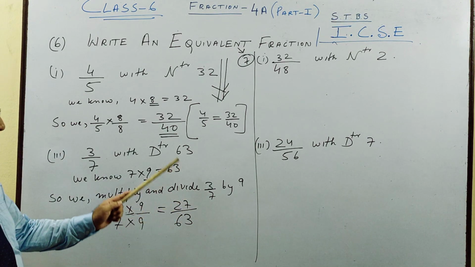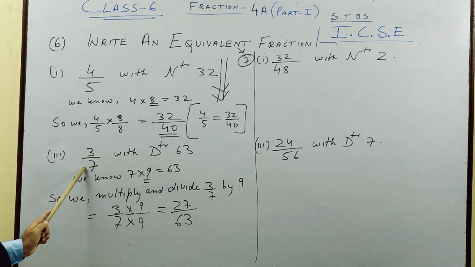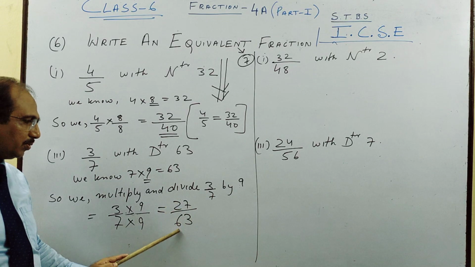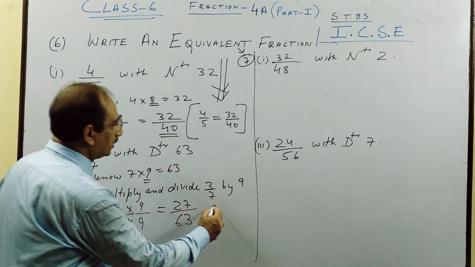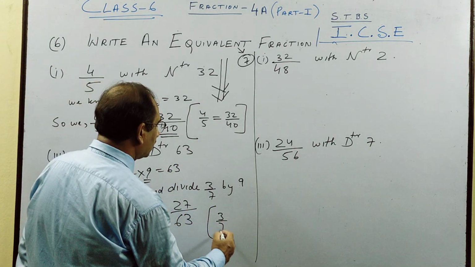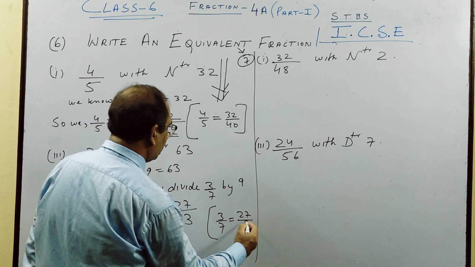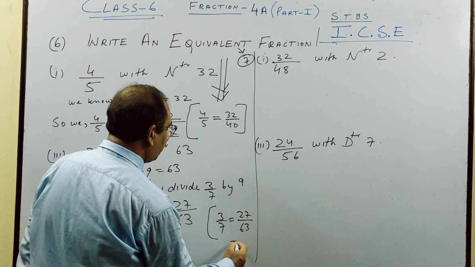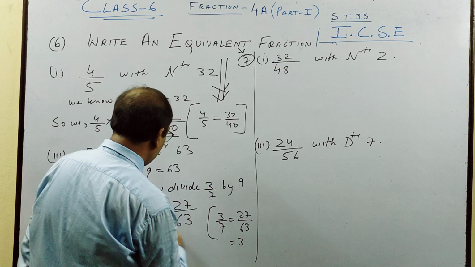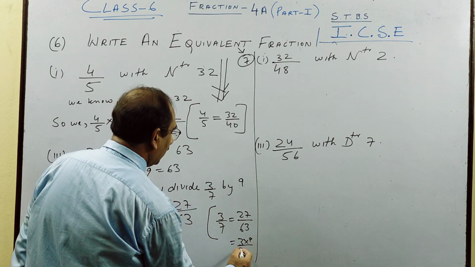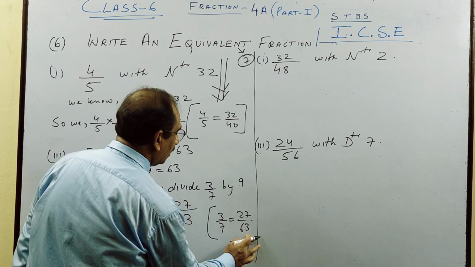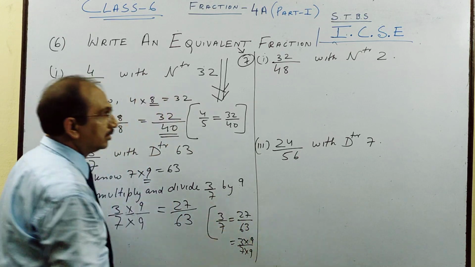And finally, these two are equivalent. 3 by 7 is equivalent to 27 by 63, as I have shown you. In fact, when you multiply 3 by 9 and 7 by 9, you get this.